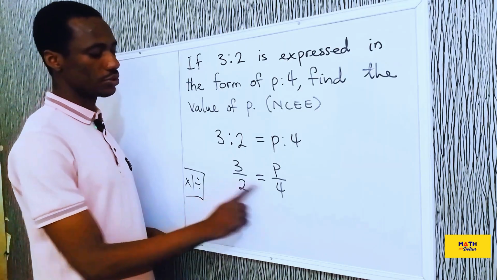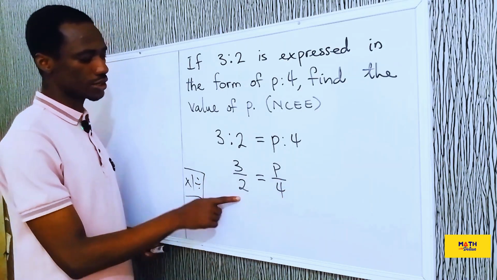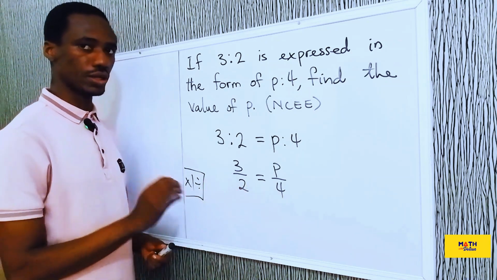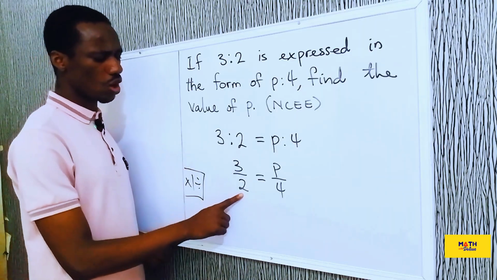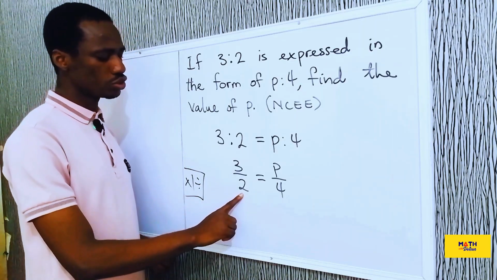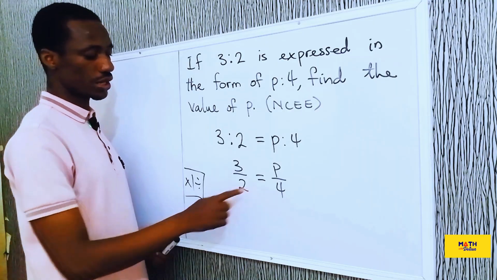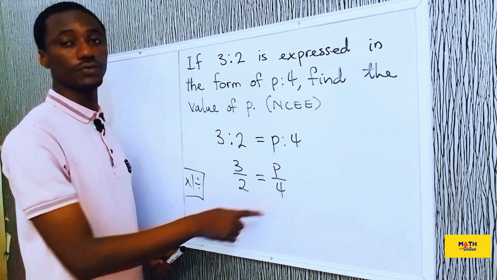So we look at denominator to denominator, numerator to numerator. Since the denominators are complete, no unknown number, everything is known, right? So we check what would you do to 2 to get 4? Now 2 is smaller, so that should be multiplication. So what would you multiply by 2 that will give you 4?